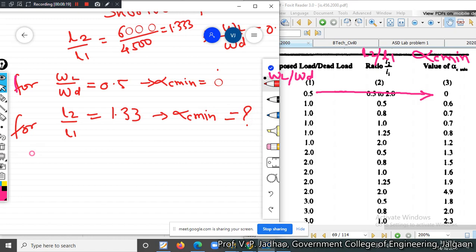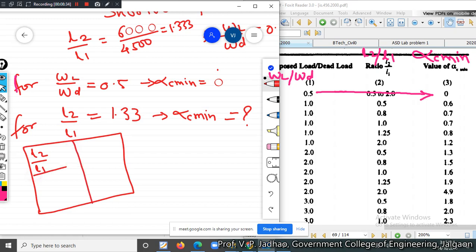If you consider L2 upon L1 ratio in this particular table, we'll draw one table here, with alpha C minimum. For L2 upon L1 of 1.25, the value of alpha C minimum is 0.8.